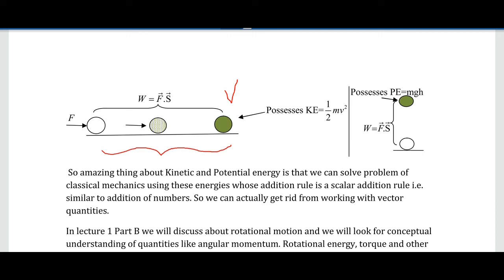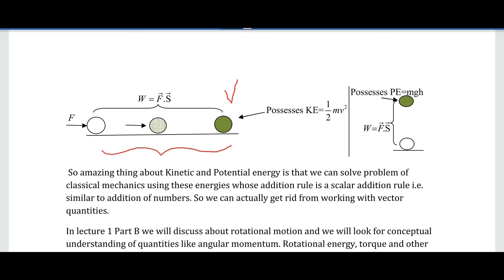Similarly, when a straight line object contains momentum, that is mass into velocity, a circular object also contains some momentum. The analogue of linear momentum is angular momentum. Similarly, when an object is moving in a straight line, it contains some energy, half mv square. When an object is moving in a circular motion, it contains energy called rotational kinetic energy.